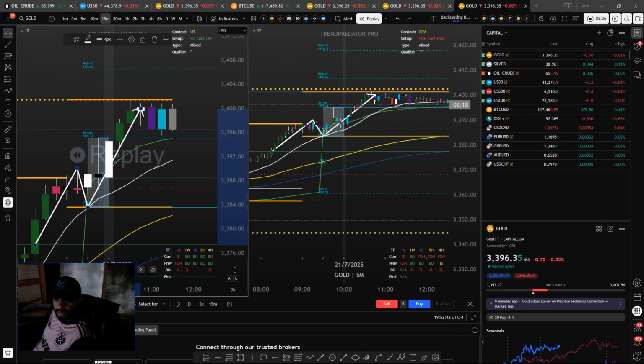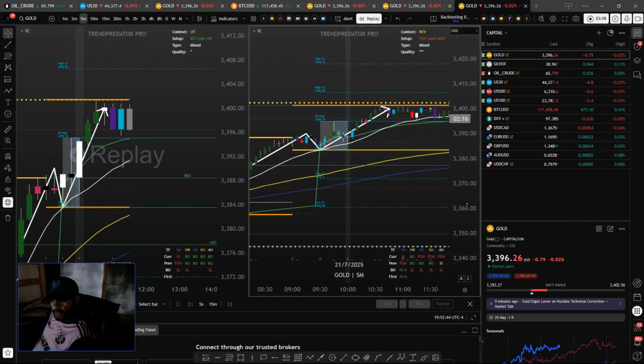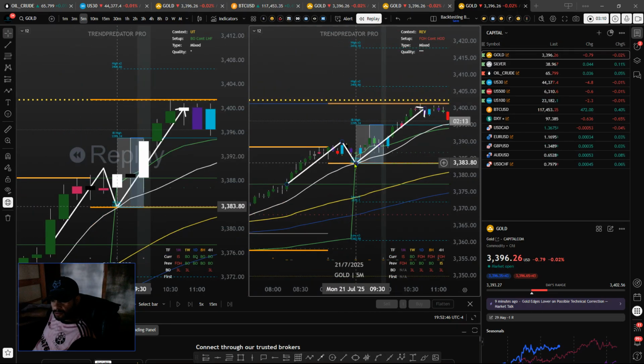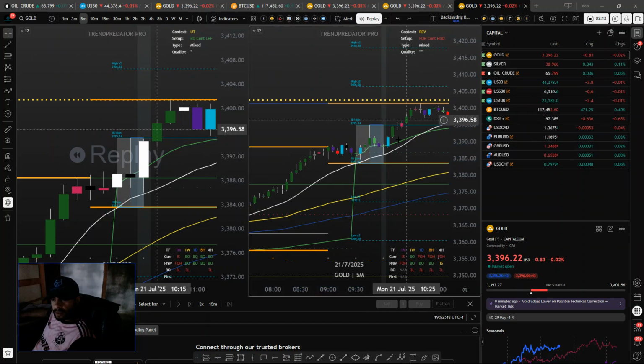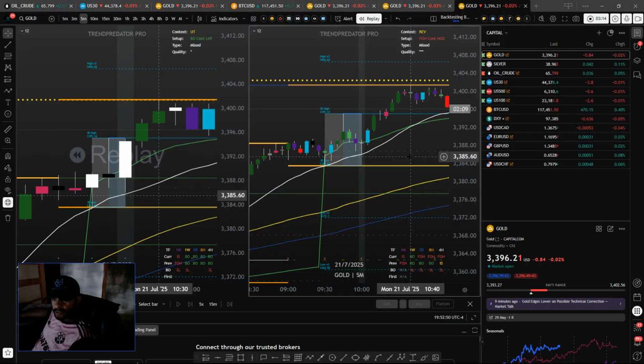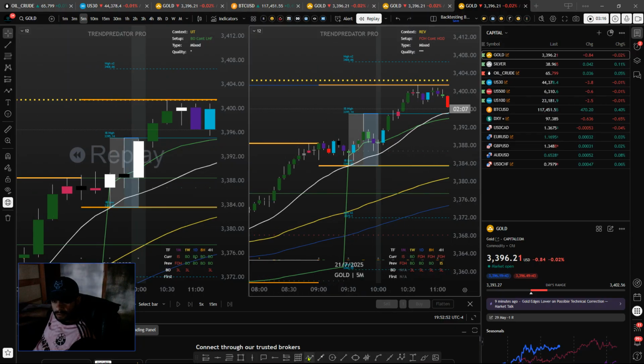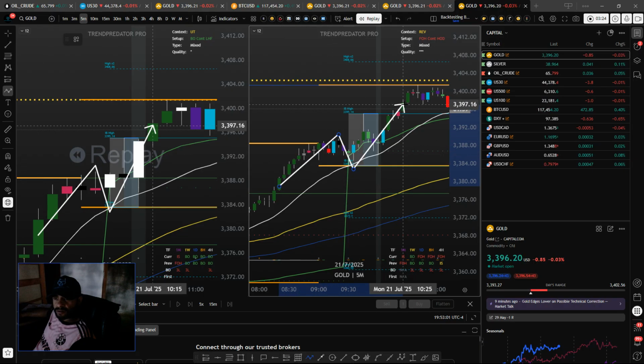So ICI, impulse, correction, continuation. Now, if you look on a 5-minute chart, it's looking as though it's somewhat later on. I mean, we do have this sort of impulse, correction, continuation, but that's in the grand scheme of things.